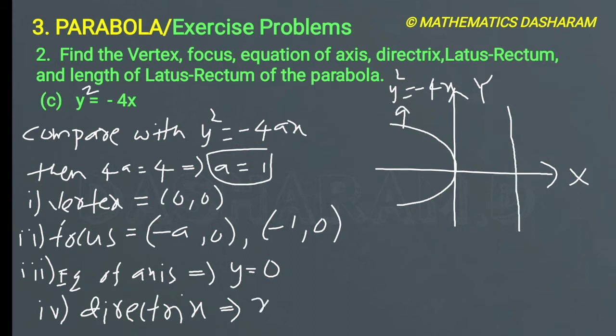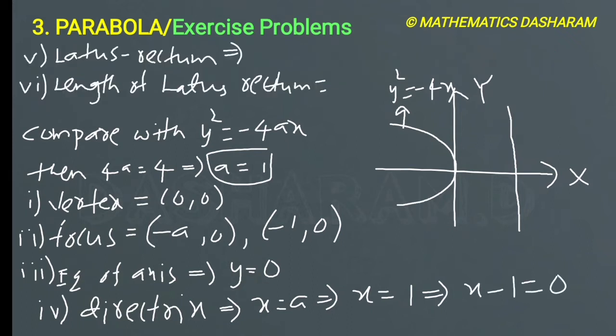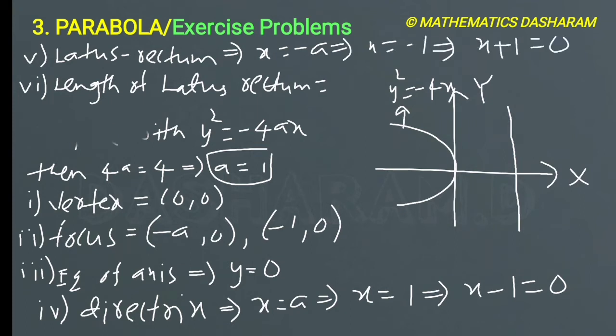So then x equals a, but a value is 1, so its simplification is x minus 1 equals 0. Next, equation of latus rectum, that is x equals minus a, but a value is 1, so its simplification is x plus 1 equals 0. Next, length of latus rectum, the formula is 4a, so 4 into 1 equals 4.